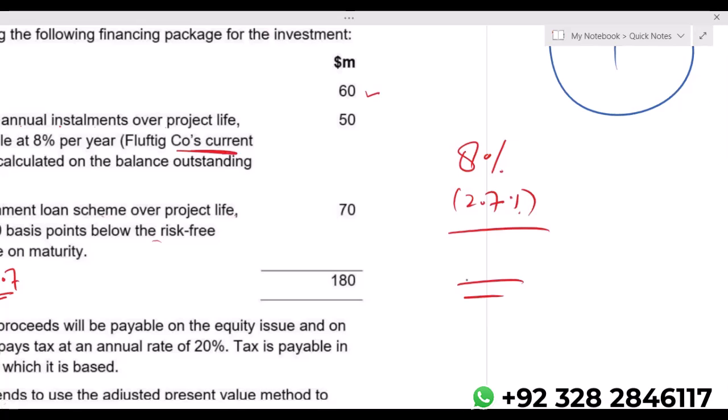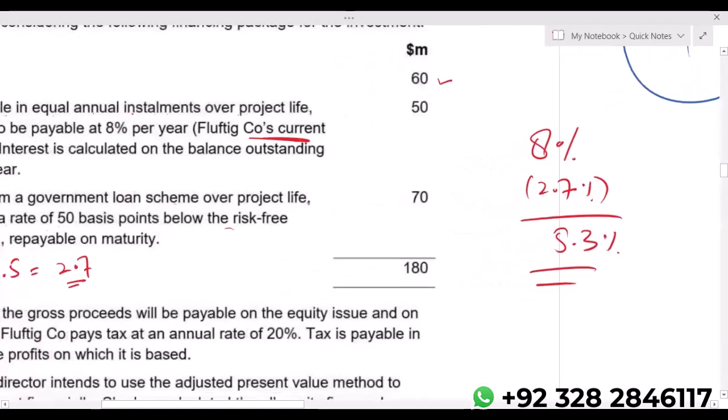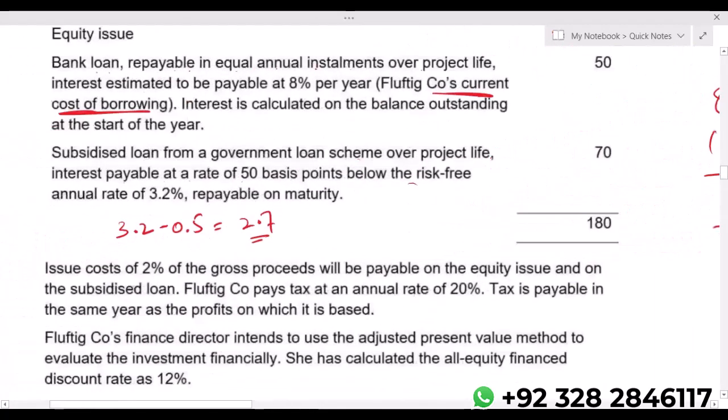Students, I'm getting 5.3%. Subsidy benefit is 5.3%. Is this clear to everyone? Subsidy benefit percentage is 5.3%. Okay.